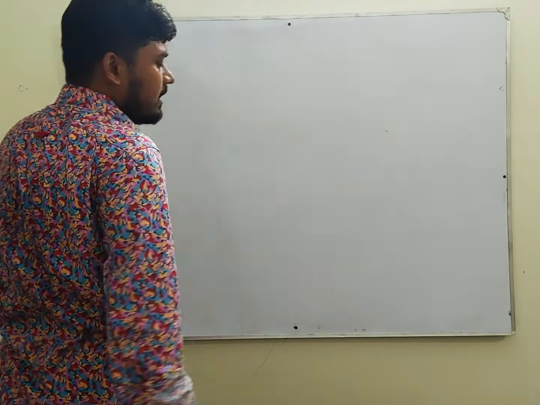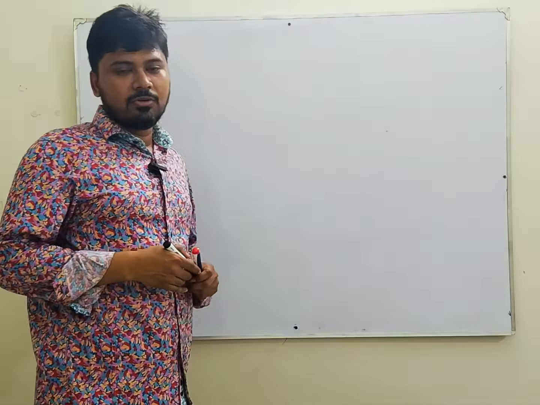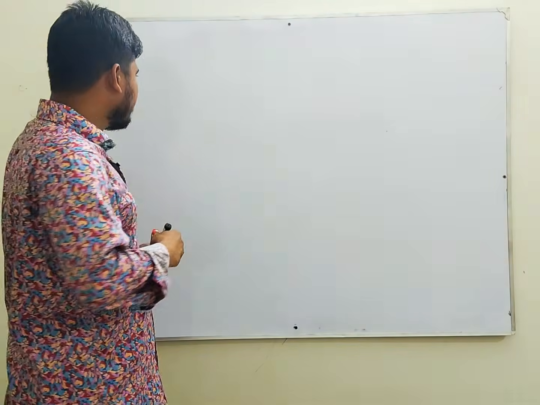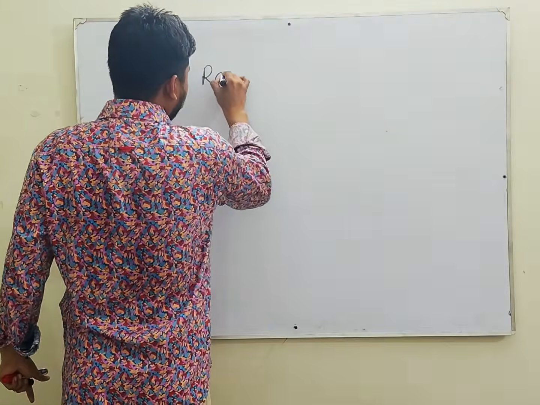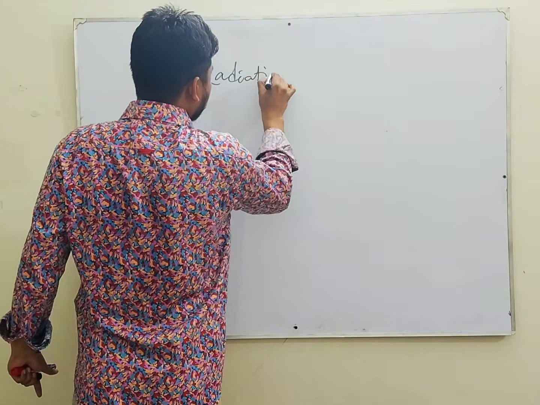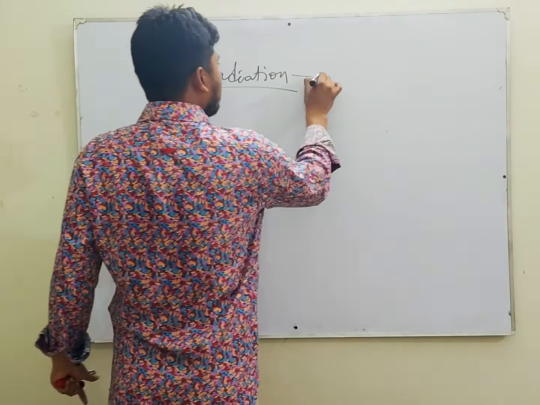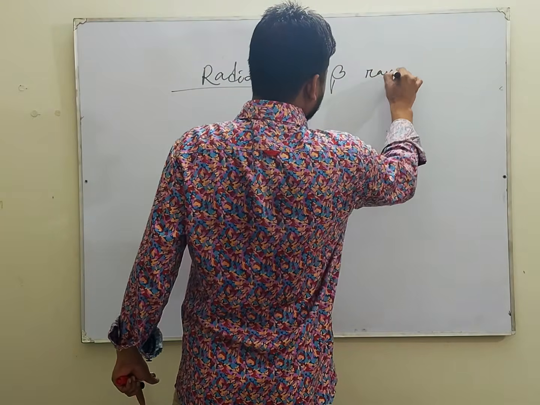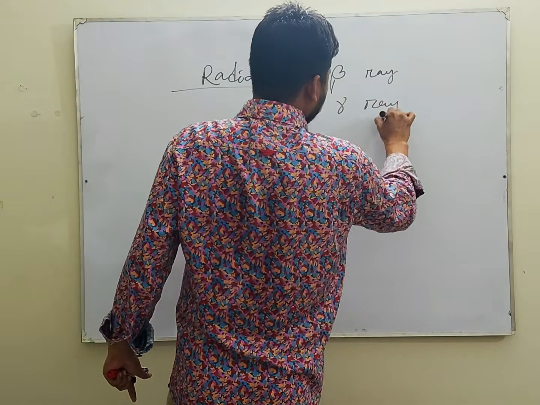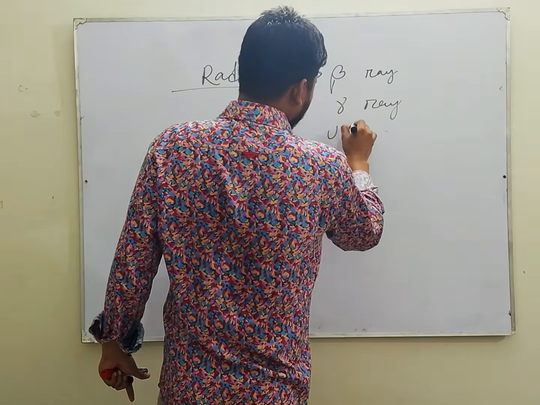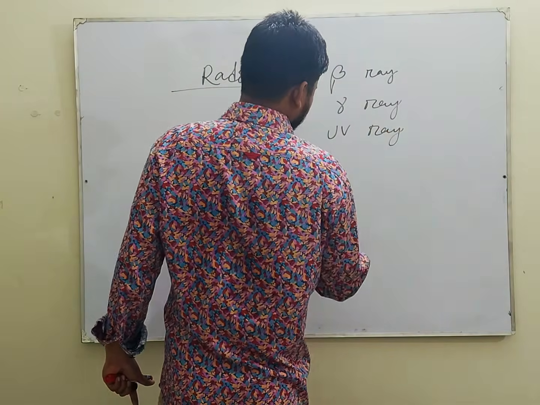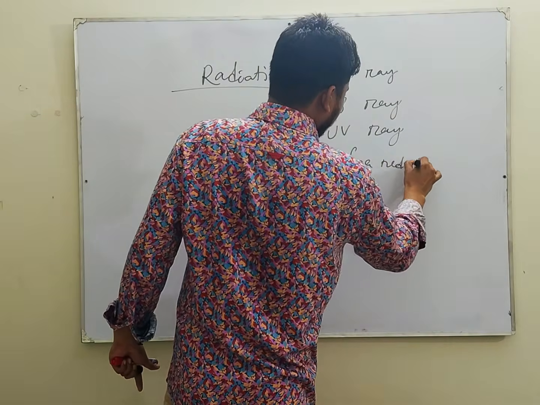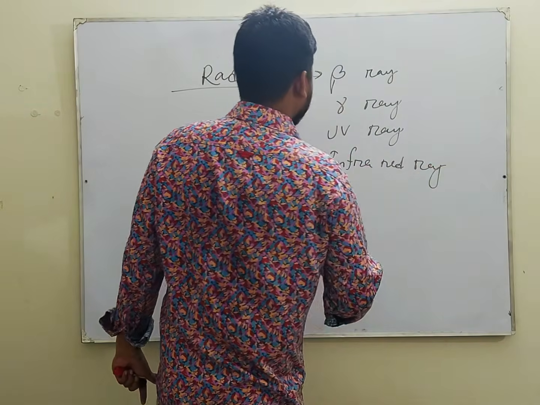So till now we have finished dry heating method, moist heating method, and now come to radiation. Common radiations are beta radiation, gamma radiation, UV ray, infrared ray.